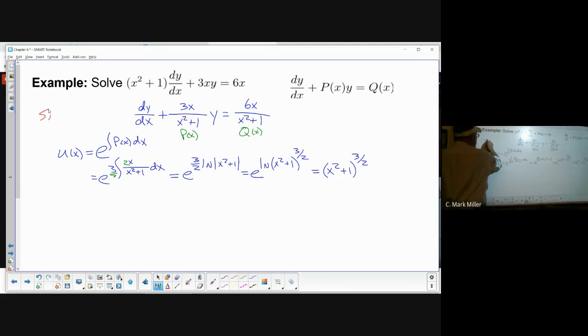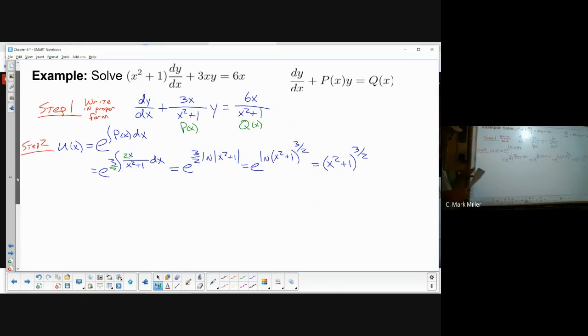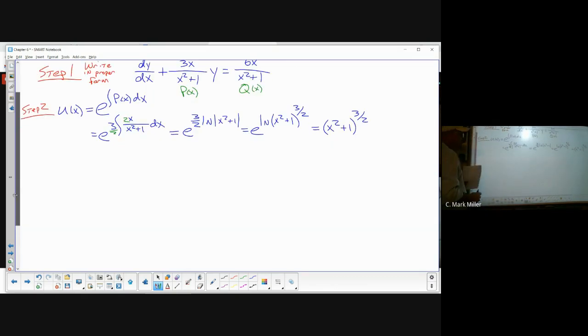Step 2, you compute u of x, and in this case u of x came to x squared plus 1 to the 3 halves.